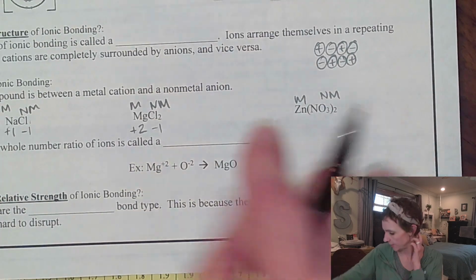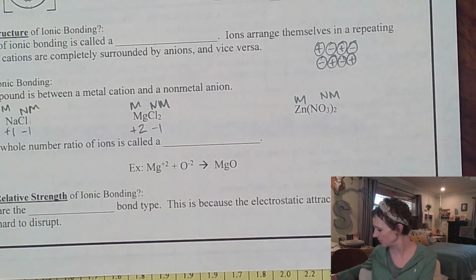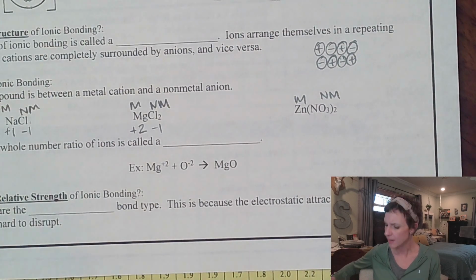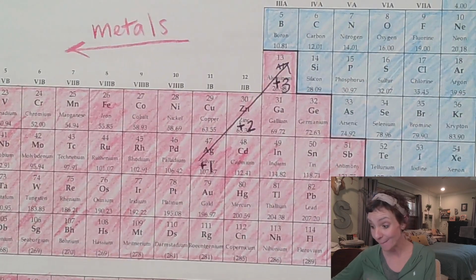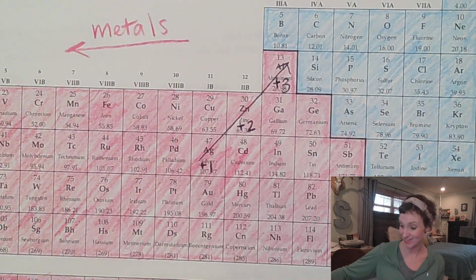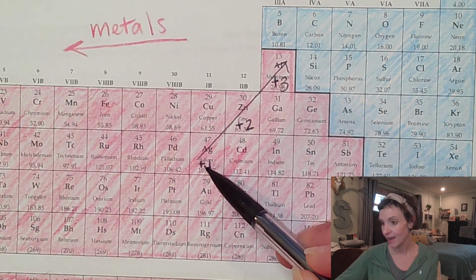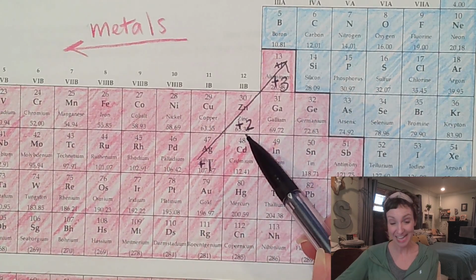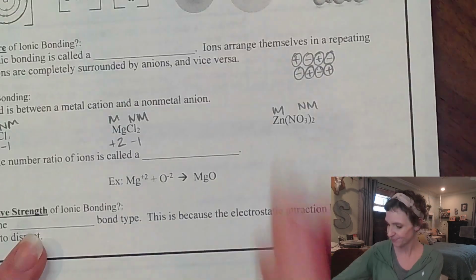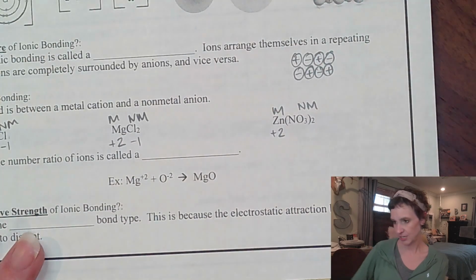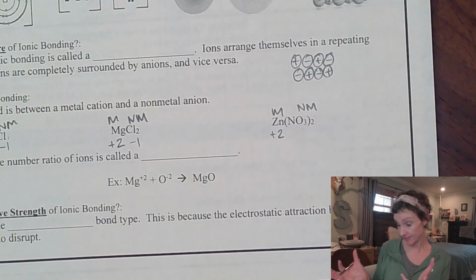And then zinc, you're like, great, zinc on my periodic table. Y'all, he's a transition metal. He's not in one of my fancy groups that I made you write numbers on the top. No, he is not. But I did have you write on your colored periodic table that zinc always has a +2 charge, which is very exciting. And then you're like, what are you talking about with this? There's lots of things here. That is not lots of things.